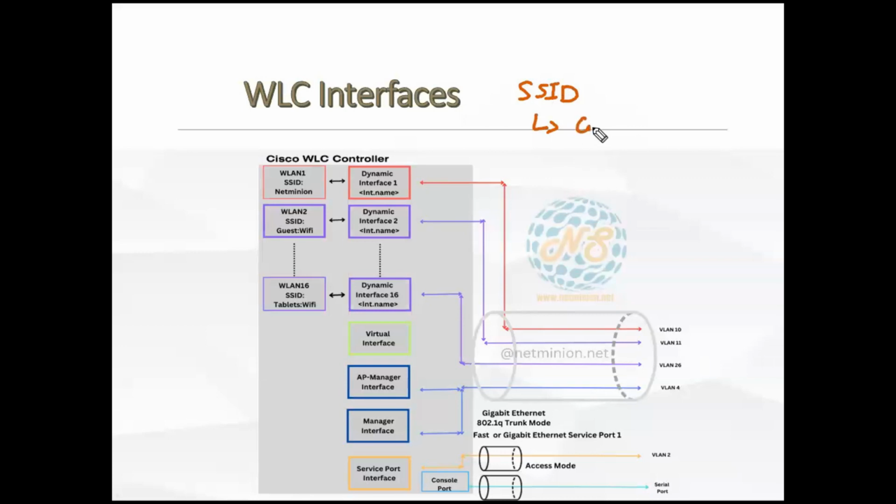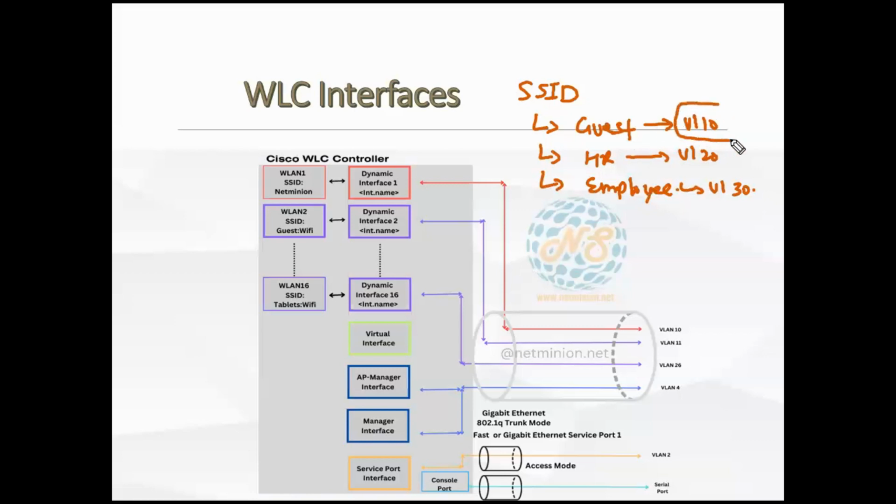You have guest SSID, HR SSID, employee SSID. It should be like your VLAN: let us say VLAN 10, VLAN 20, VLAN 30. What are these? These are the logical interfaces.